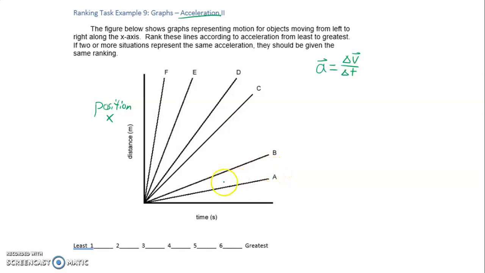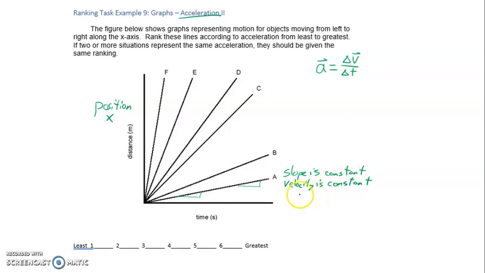So can we figure anything out about acceleration here? Well, let's just look at case A. Case A is moving along, and it has a certain slope here, and it has a certain slope later on. Well, the slope stays the same. Okay, for A, the slope is constant. And on a position versus time graph, the slope is equal to the velocity. So we can therefore determine that the velocity is constant.